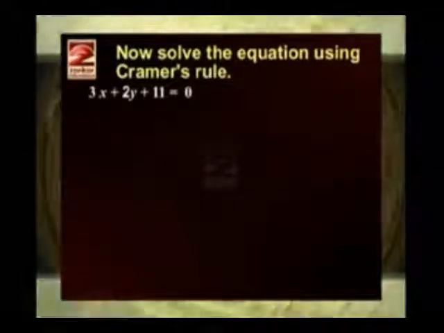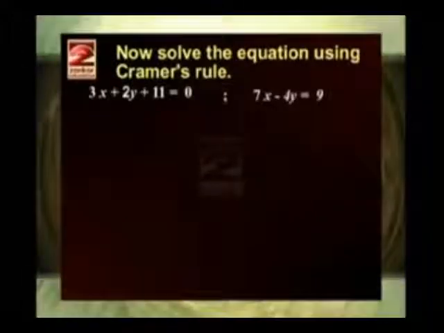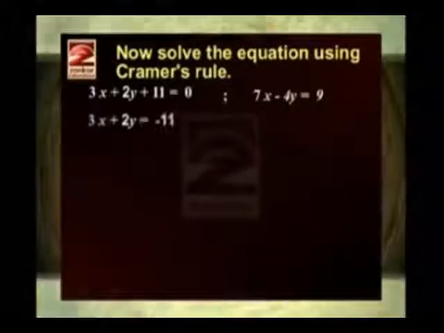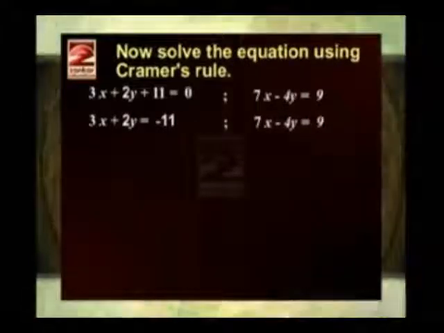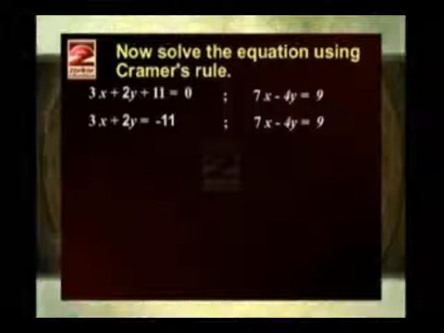3x plus 2y plus 11 is equal to 0 and 7x minus 4y is equal to 9. Now, the first equation is 3x plus 2y is equal to minus 11 and the second equation is 7x minus 4y is equal to 9.